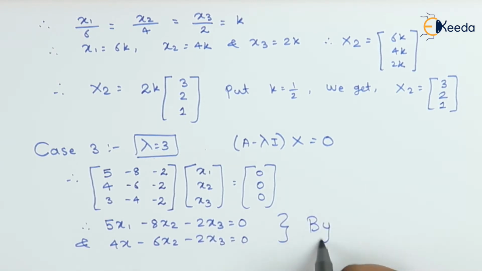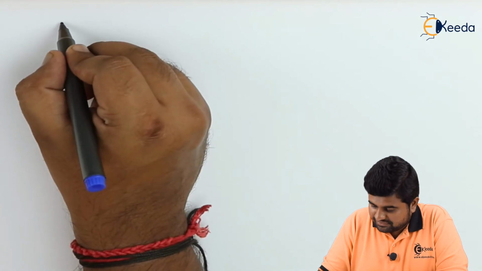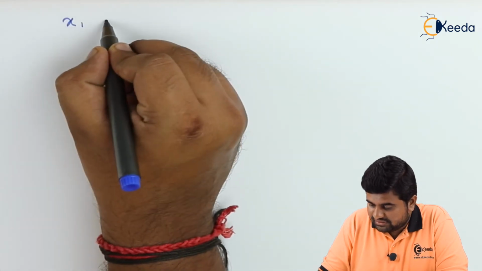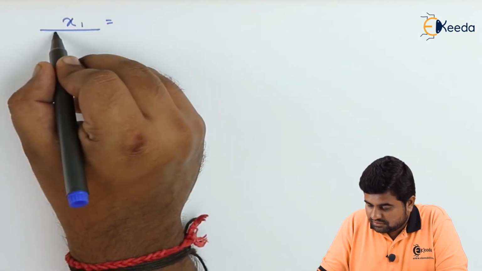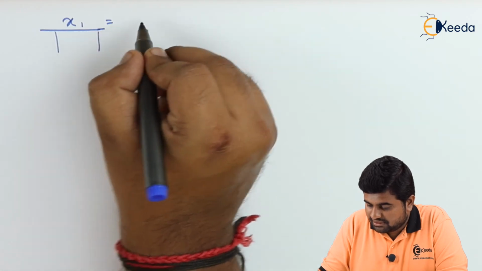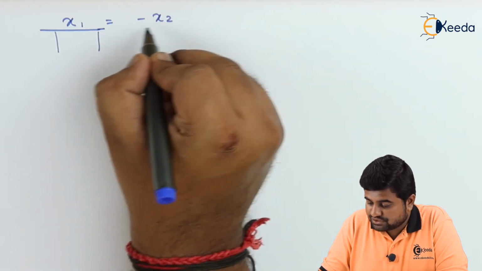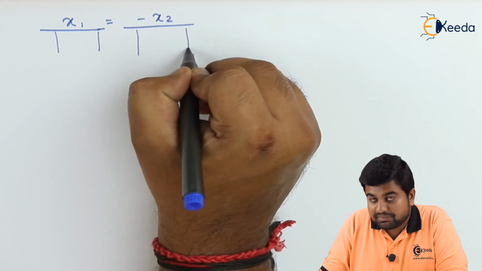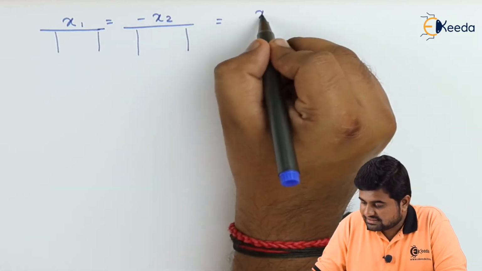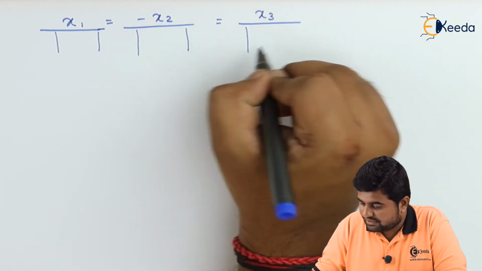Now we'll use Cramer's rule. By Cramer's rule, we are going to have x1 divided by particular determinant is equal to minus x2 divided by particular determinant is equal to x3 divided by particular determinant.